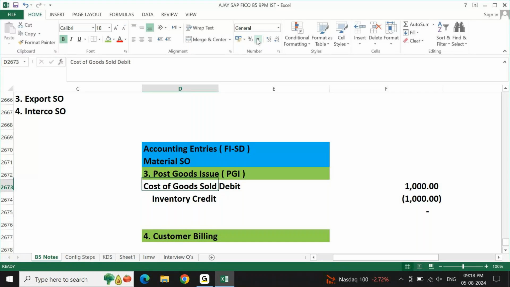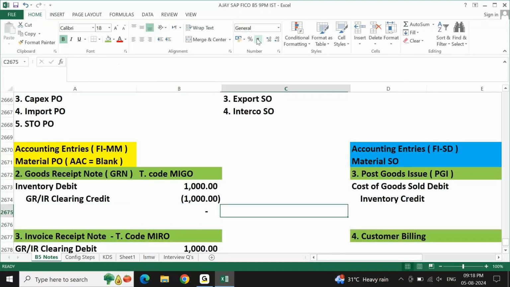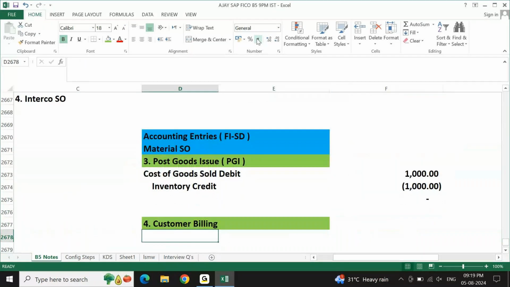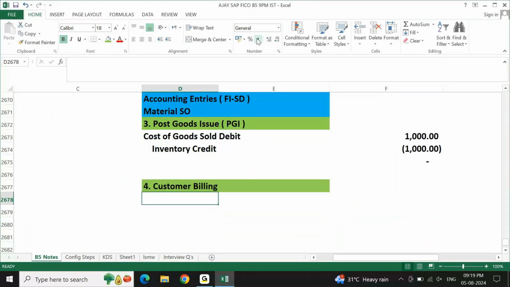Next one, you have a customer billing. When you are creating a billing or when you are giving the invoice to the customer, your accounting entry will be customer account debit, sales account credit.